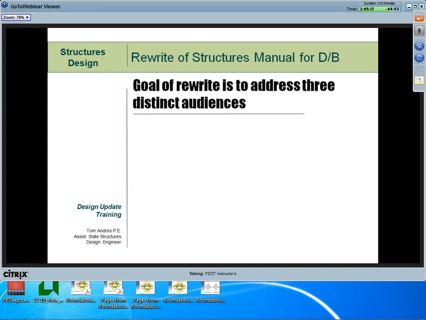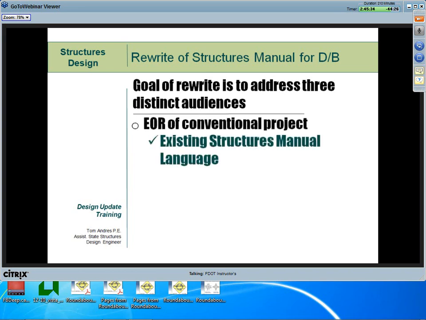Many of the specific items that I cover in this presentation for the structures manual rewrite will also apply to the PPM rewrite. First of all, the new structures manual has been written to address 2 primary audiences. The first audience is the engineer, the EOR for a conventional job.